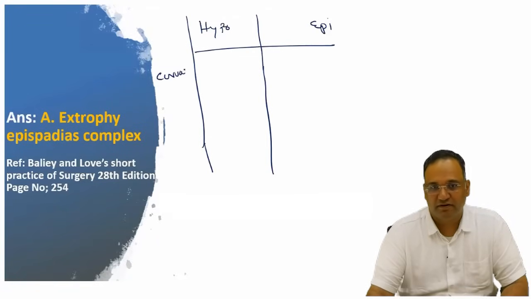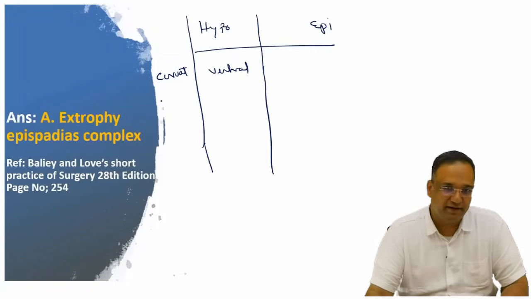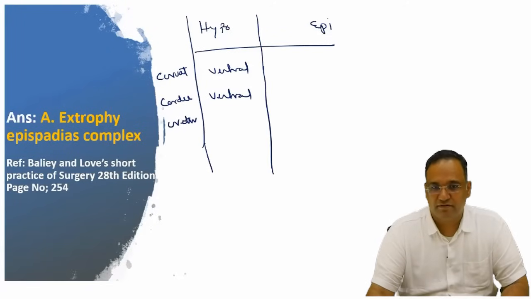Curvature in hypospadias will be ventral. Chordae will be ventral. Ectopic opening of the urethra will be ventral.